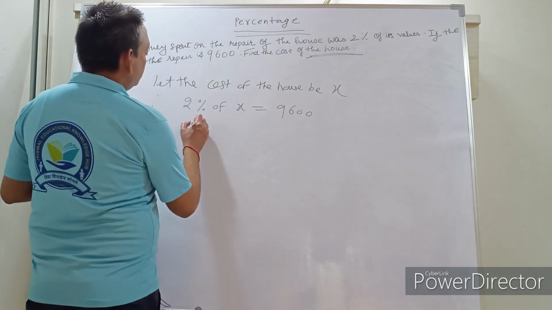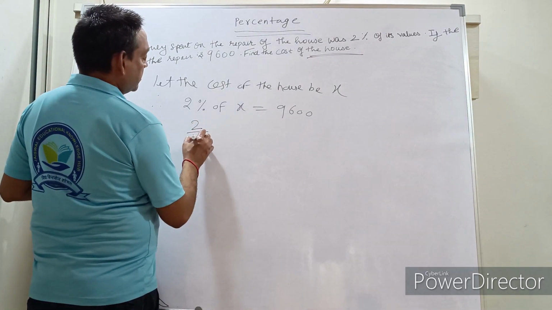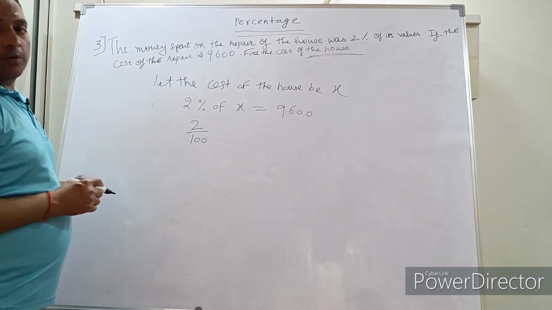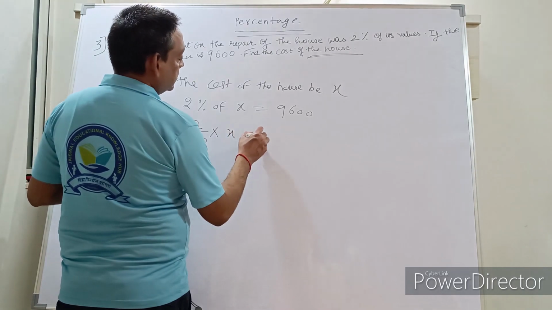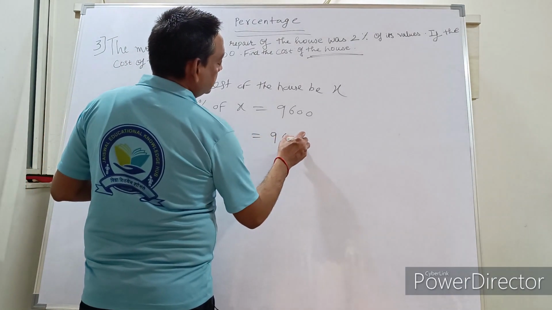So 2% of X is equal to 9,600. Percentage given, so divide by 100. So 2 upon 100 into X is equal to 9,600.